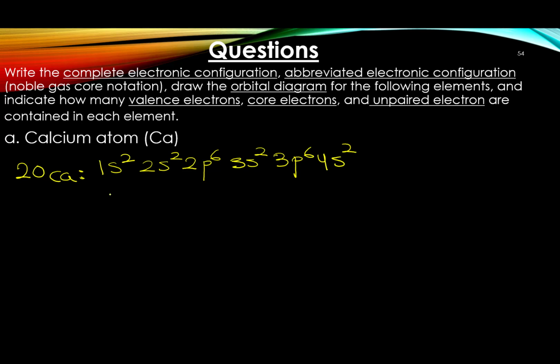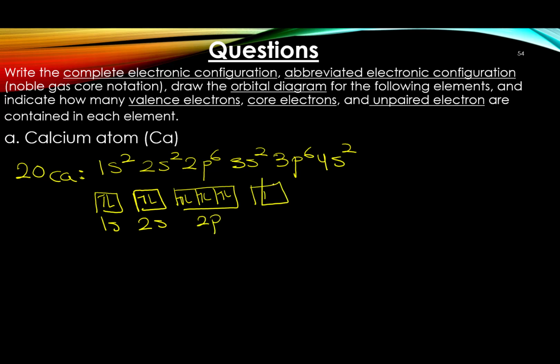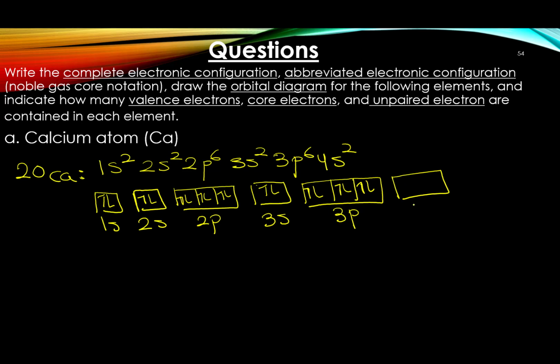Now let's draw the orbital diagram for it. Okay, that's 1s2, 2s2, 2p6, 3s2, and 3p6, and 4s2.